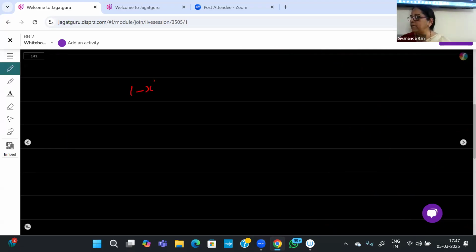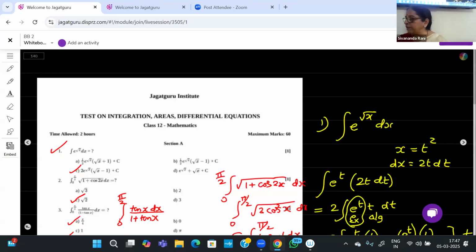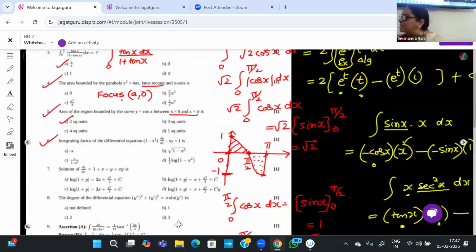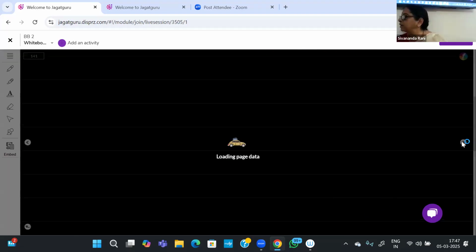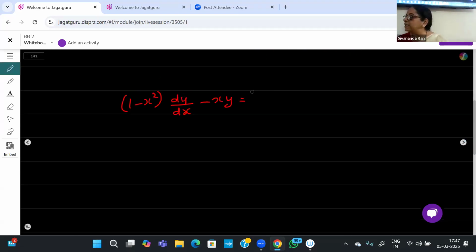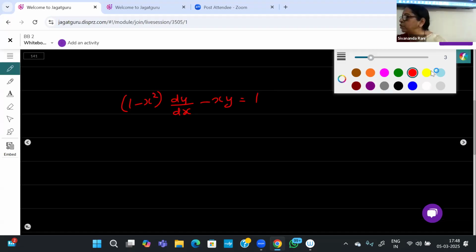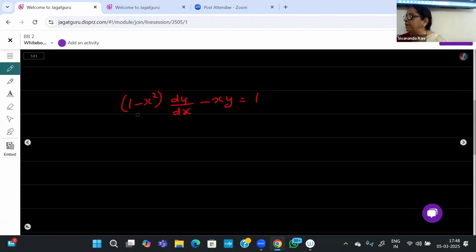We had 1 minus x square into dy by dx minus xy is something. Of course, we don't bother, because till this only is important for the integrating factor, isn't it? For the integrating factor, the first two only matter. But here, this dy by dx should be devoid of any multiple, any factor.